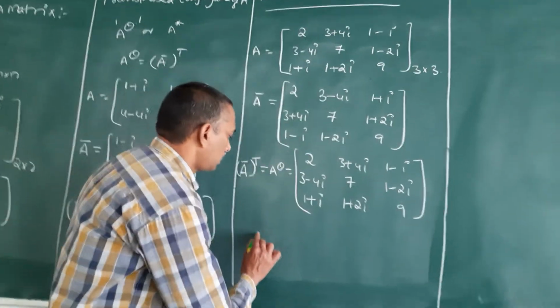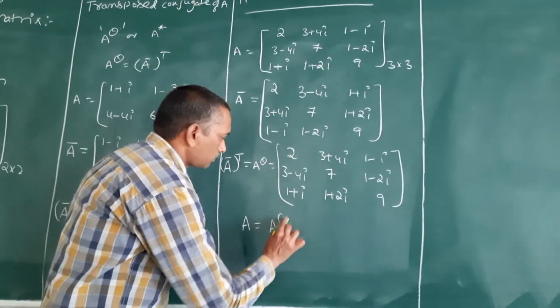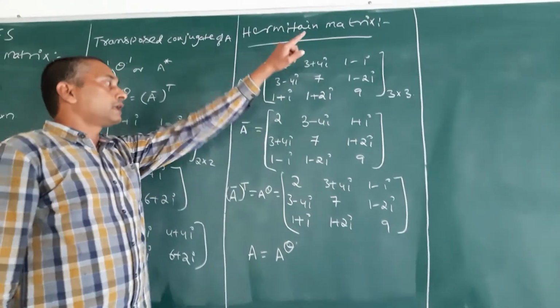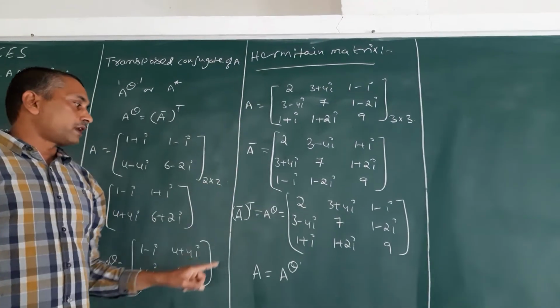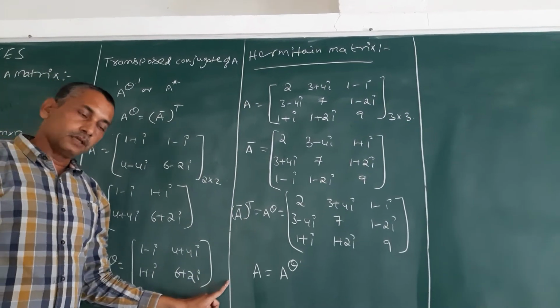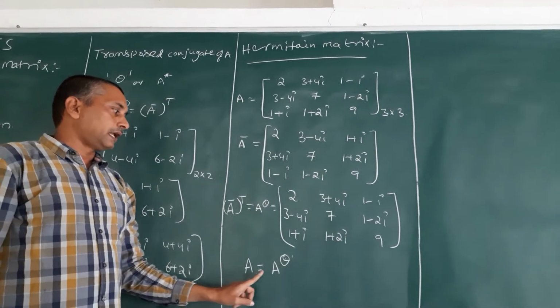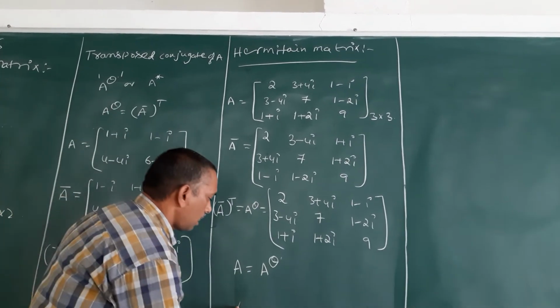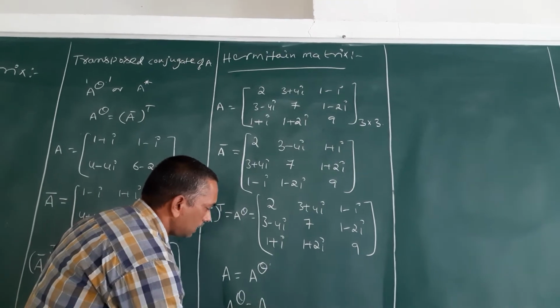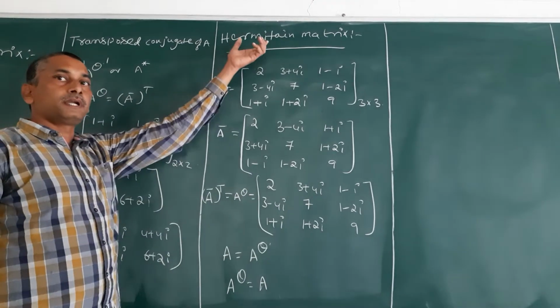Here A equals A to the power of theta. What is a Hermitian matrix? A square matrix is said to be Hermitian if and only if A equals A to the power of theta, or A to the power of theta equals A.